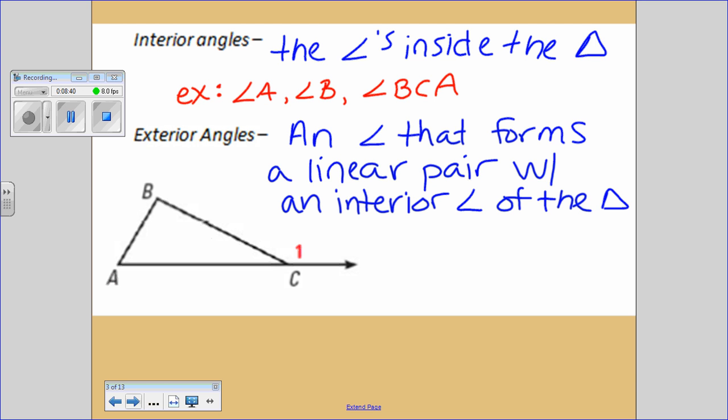Angle 1 is an exterior angle. For every interior angle, you have an exterior angle. So what interior angle goes with the exterior angle, angle 1? No, it has to form a linear pair. Does angle 1 form a linear pair with angle B? What does angle 1 form a linear pair with? Which interior angle? Angle C.